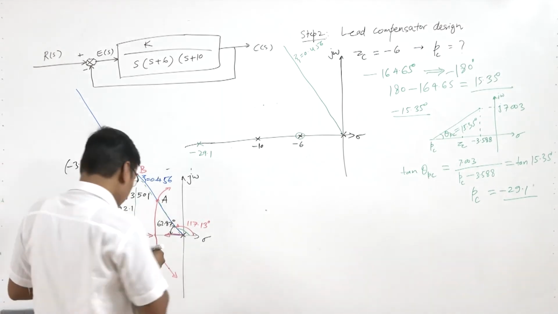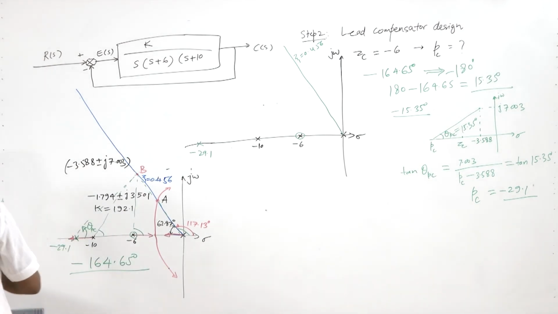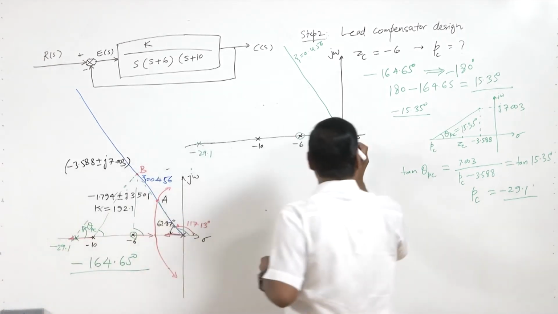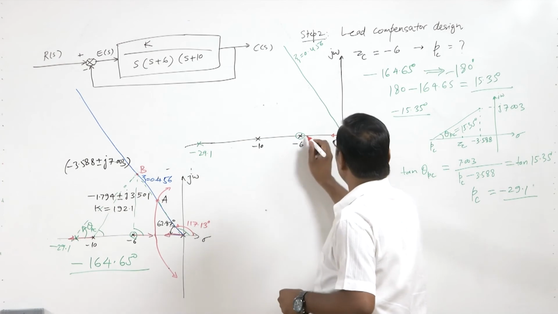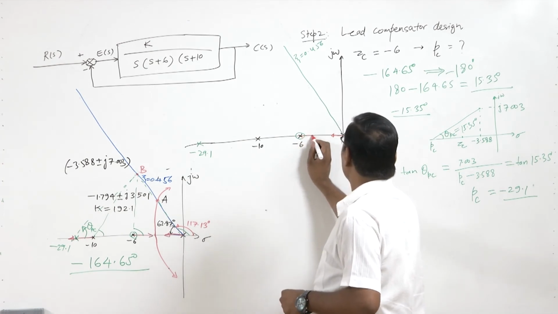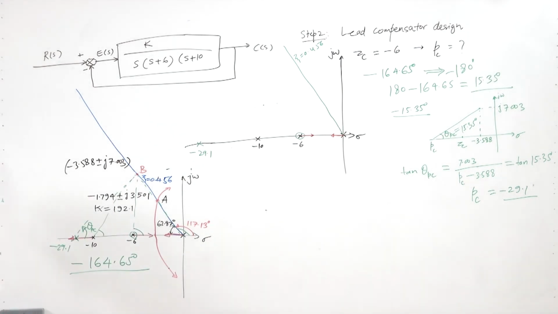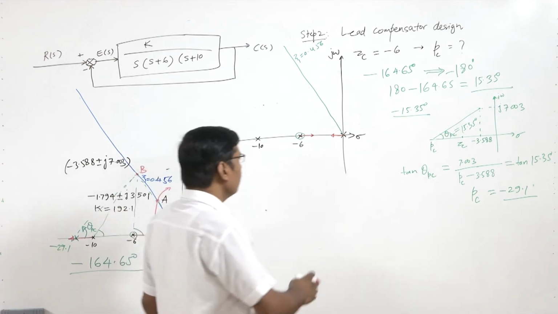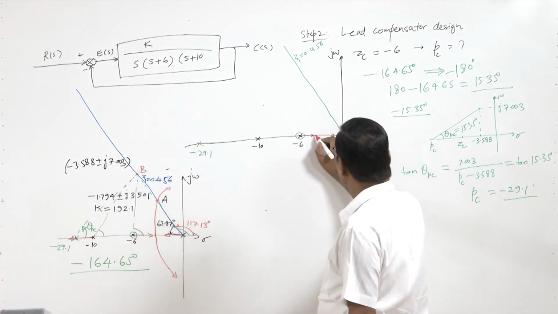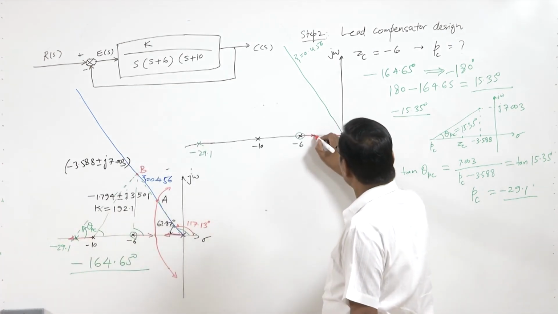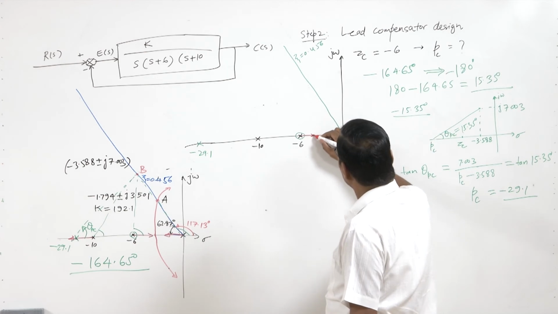So now the root locus will start from this pole, it will start from this pole, and it will break away.